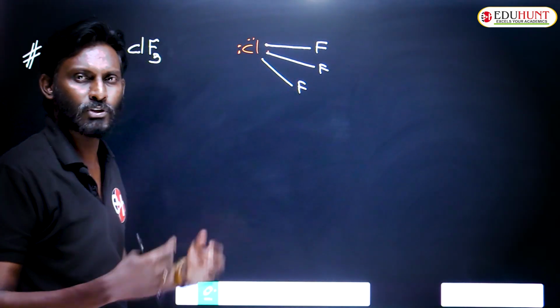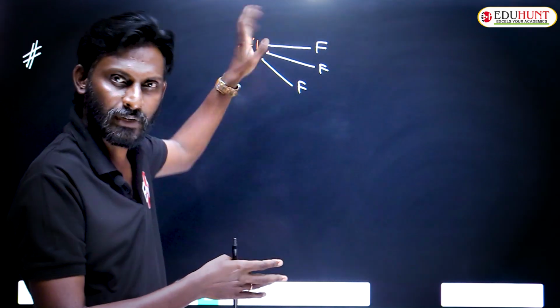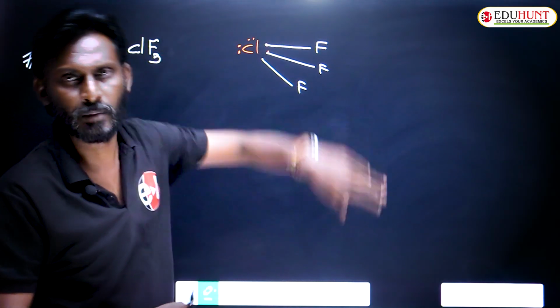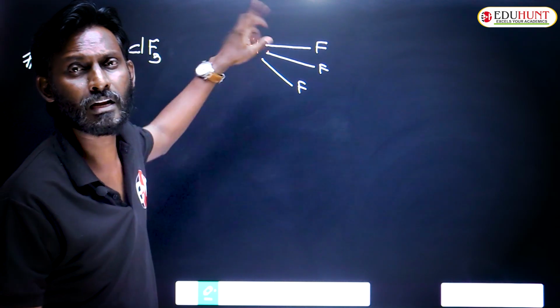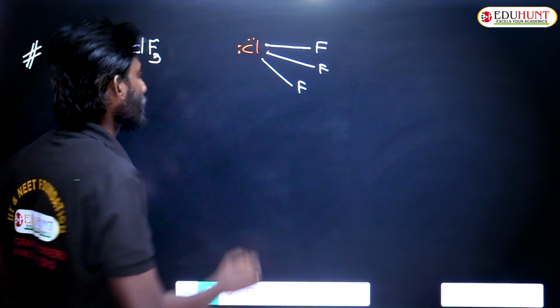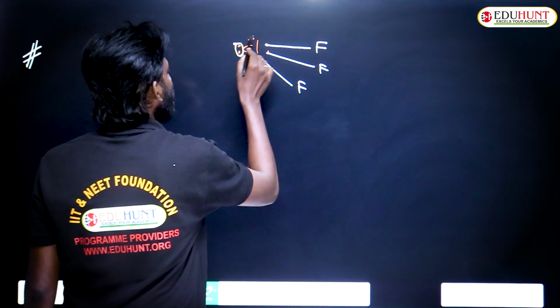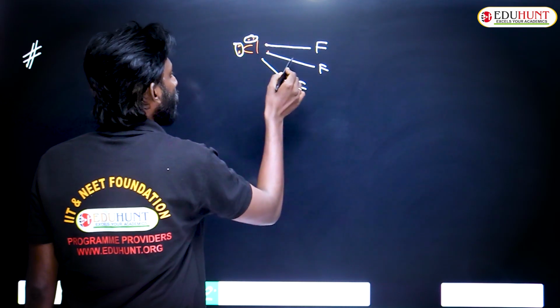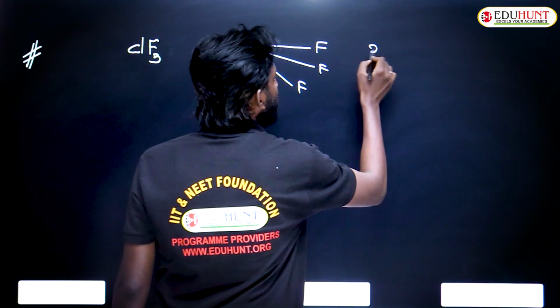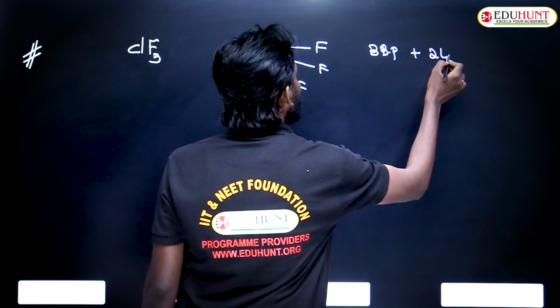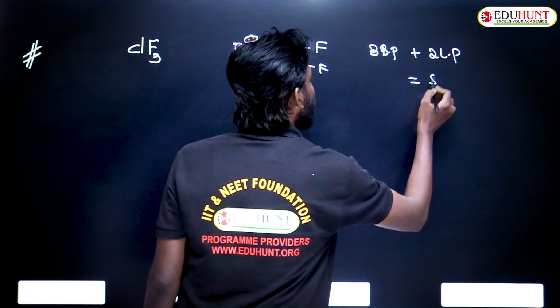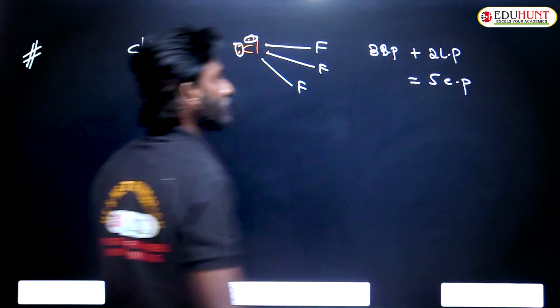Don't bother about the geometry now. After completing this structure, then propose the geometry. Now how many electron pairs do you find here? Lone pairs, bond pairs. That means 3 bond pairs plus 2 lone pairs, a total of 5 electron pairs.